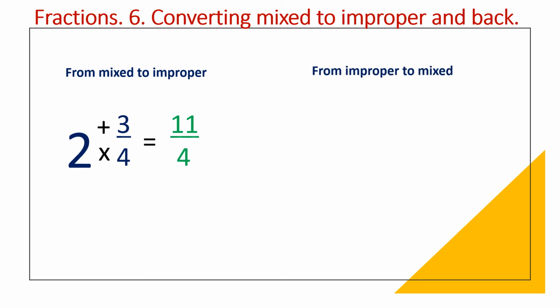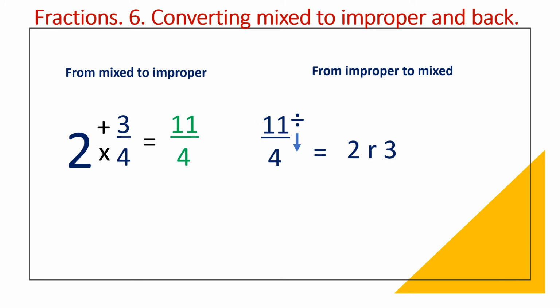Now let's look at working backwards, going from an improper fraction back to a mixed fraction. The starting point is our 11 over 4 where we left off. Now you heard me saying that this line in fractions is a dividing line. All you do is just take that 11 and divide it by 4. So 11 divided by 4 gives you 2 remainder 3. So there are 2 4s in 11, which is 8, with 3 left over.